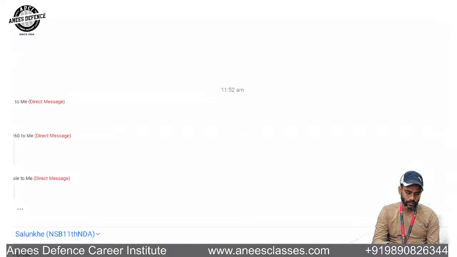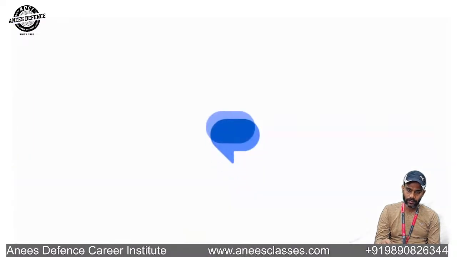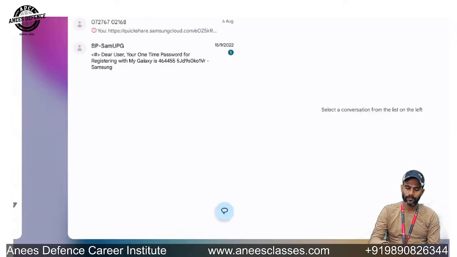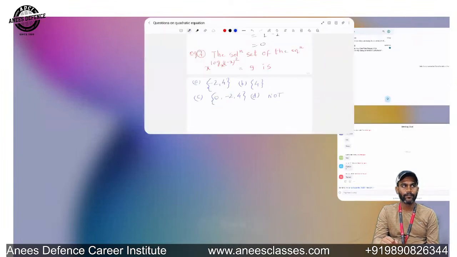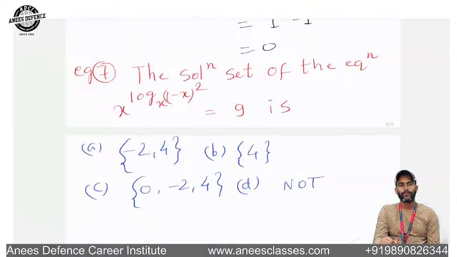What about the others? The solution set of the equation is, options are minus 2 comma 4, 4, 0 minus 2 and 4, and none of these.